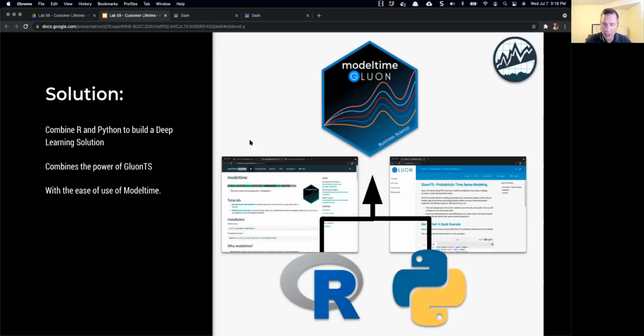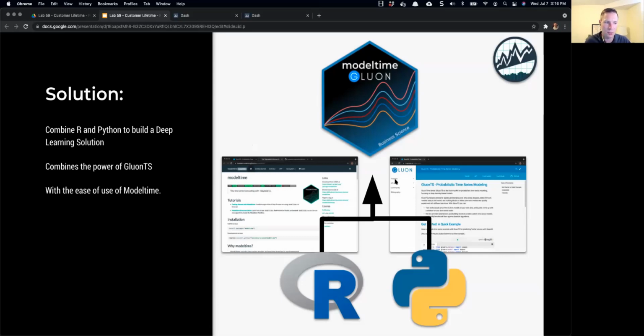Initially, when I figured this out, I was like, man, this is kind of a bummer. I was actually a little upset because I saw this library called GluonTS, which is really good for applying deep learning to time series, but it was only available in Python. And I thought to myself, I can't use it. And this isn't going to be good for Model Time.